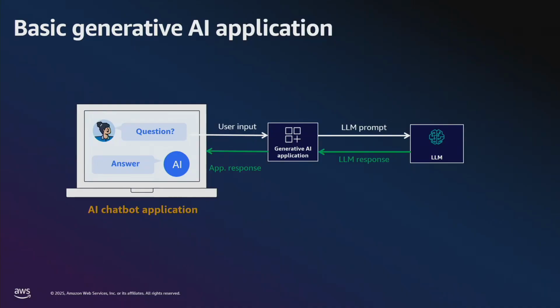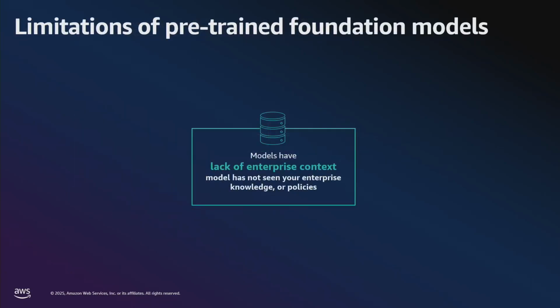So this is a basic generative AI application which is backed by a pre-trained LLM. When an employee asks about a leave policy, this model may make up the answer, because pre-trained models come with certain limitations. It is trained on publicly available data sets, but when you ask specifically about domain knowledge, it may hallucinate.